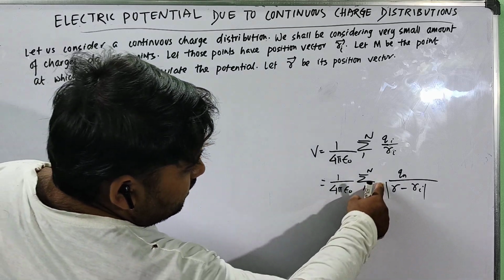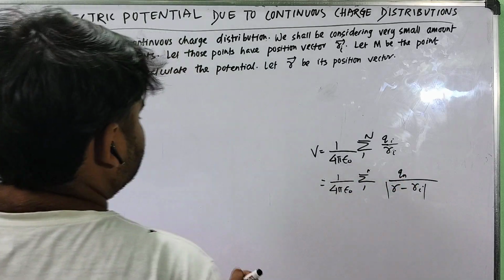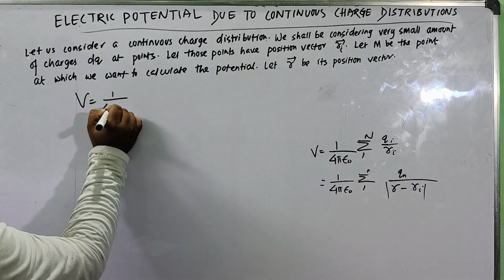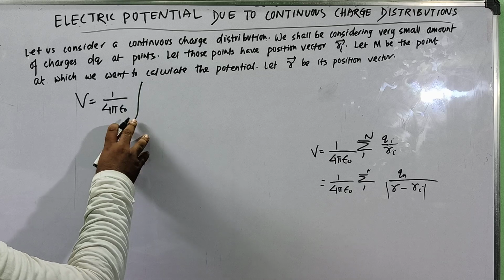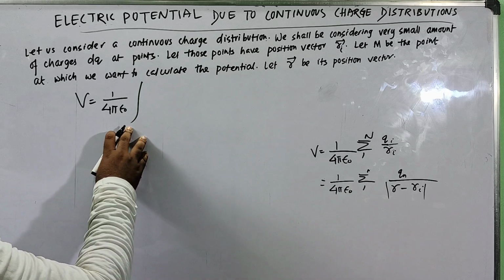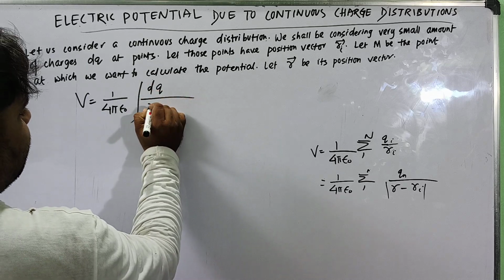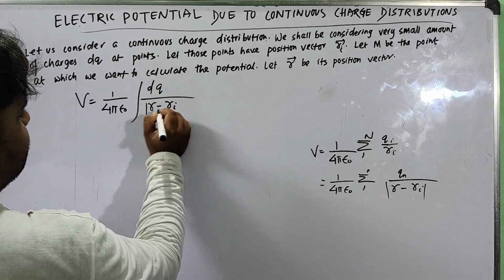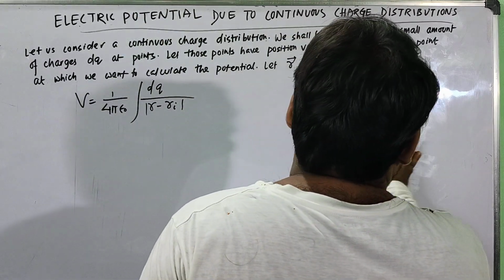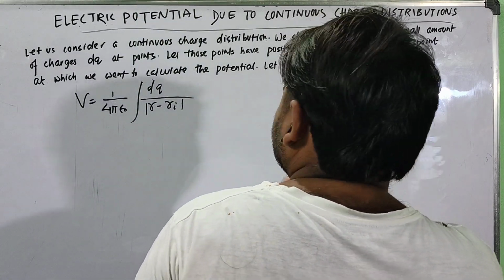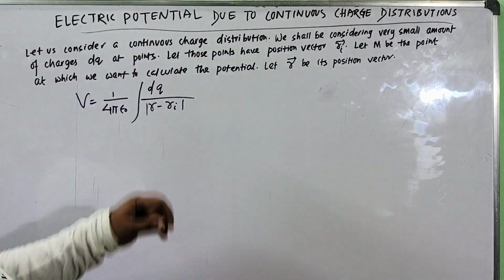Now we shall be converting this summation into an integration. So 1 upon 4 pi epsilon naught, the constant term, comes out. In place of summation, you write integration and you write dq by r minus ri. This is the small amount of charge. This is your general formula.